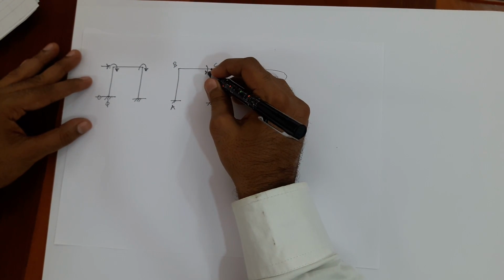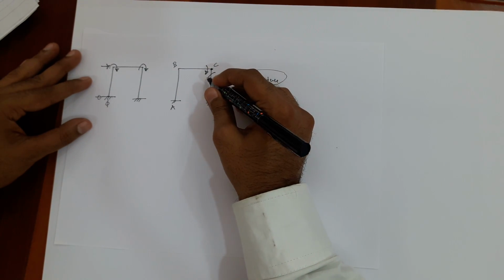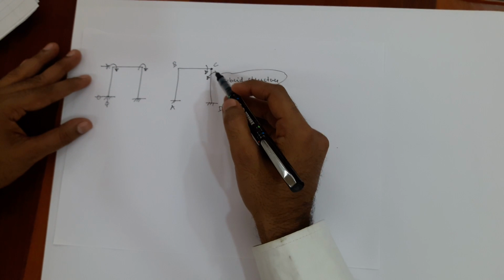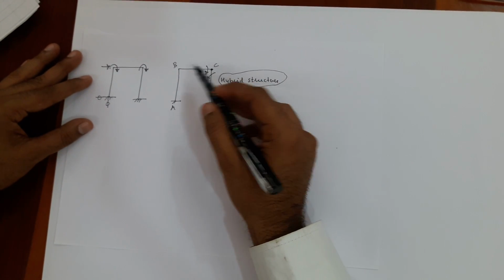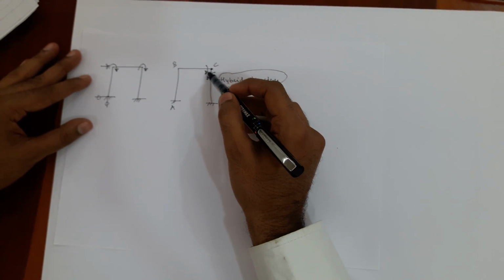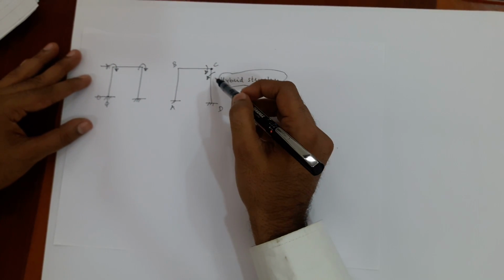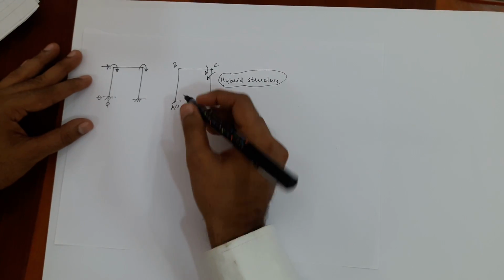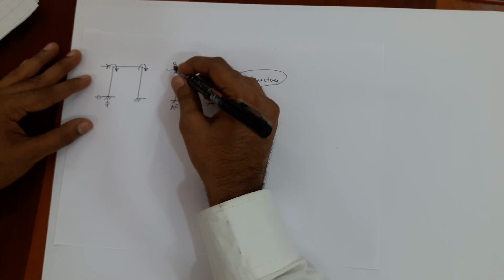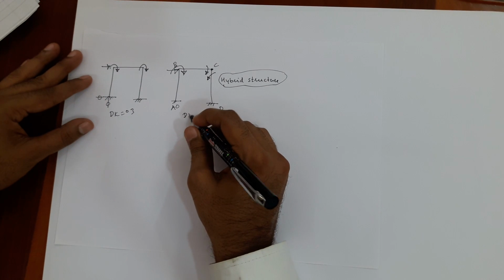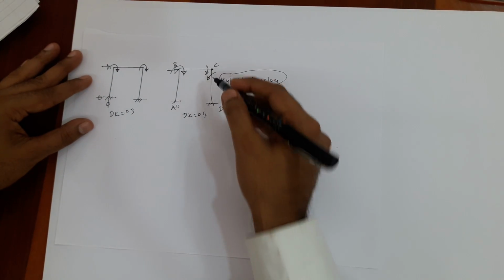This member will rotate independently, and this member will rotate independently. This internal hinge will separate CB and CD, so that CB will have its rotation and CD will have its rotation. Again here it is 0, one horizontal deformation and joint rotation. DK for this structure is 3, and here DK is 4 because of the internal hinge.